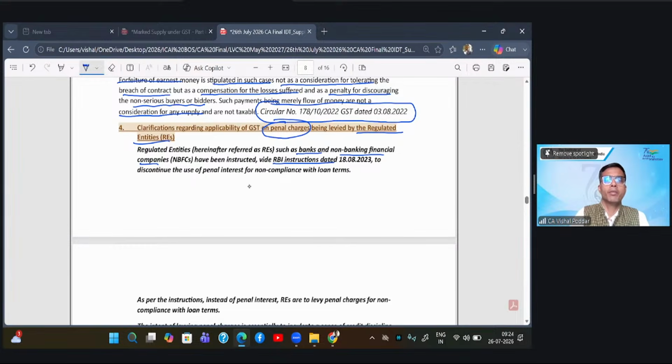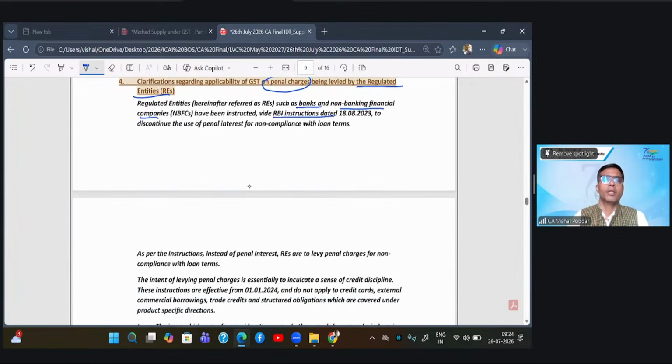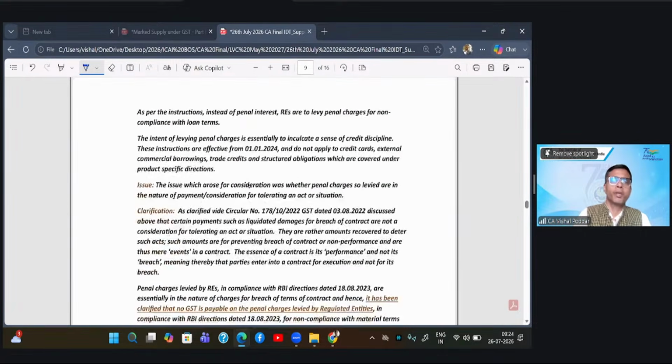RBI has given them instructions that they cannot use penal interest wherever loan terms are not met. Now, because RBI has instructed not to charge penal interest, instead of penal interest, they started levying an additional amount.